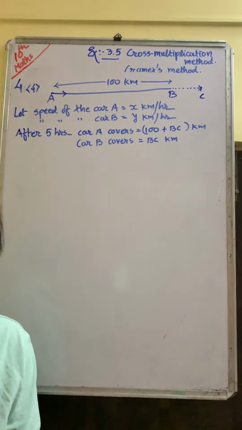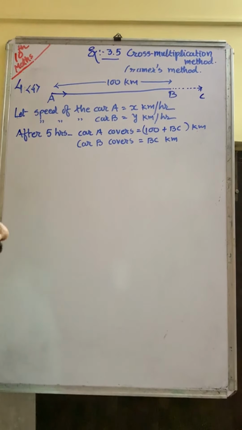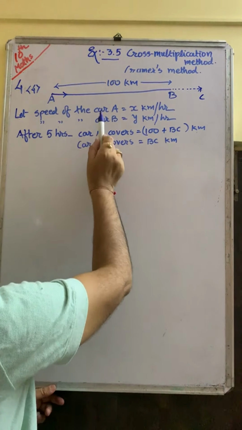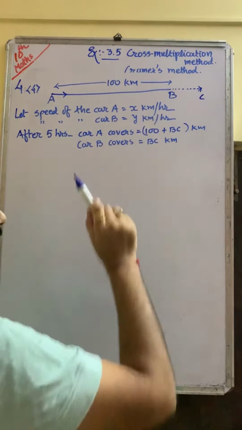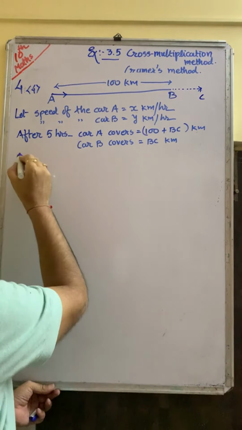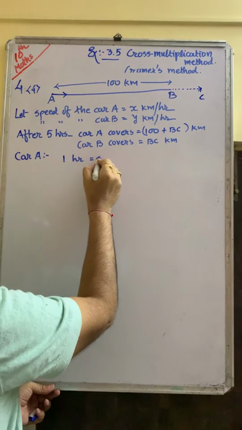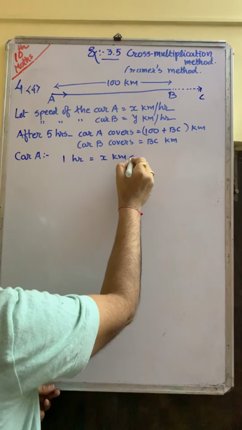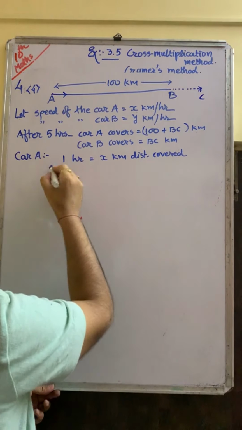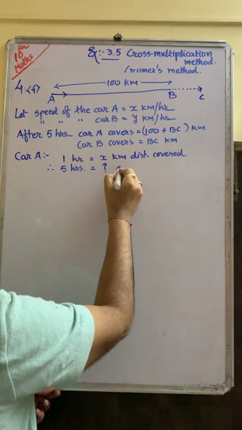Now it means what is the speed of the car? x kilometer per hour. It means it covers x kilometer in 1 hour. For car A, in 1 hour it covers x kilometer distance. So in 5 hours, it covers how much?